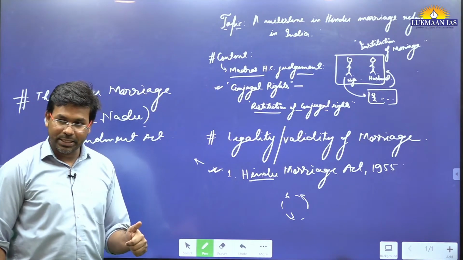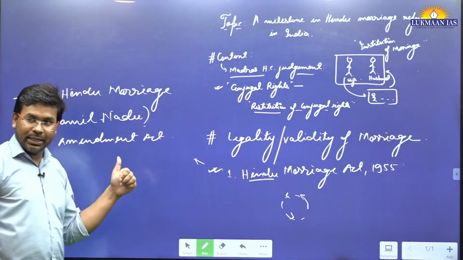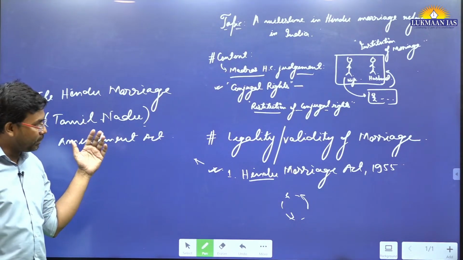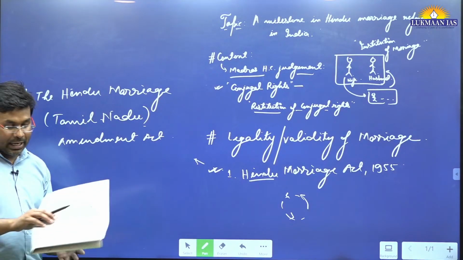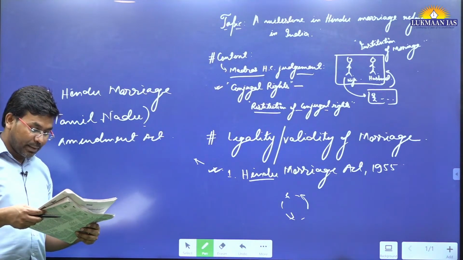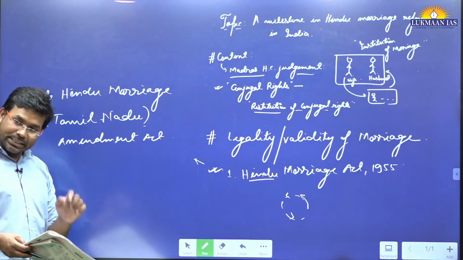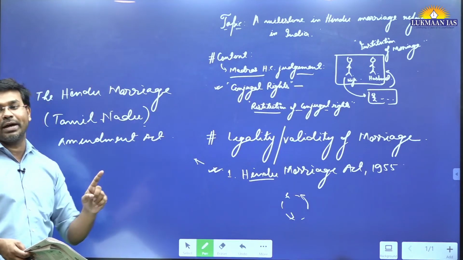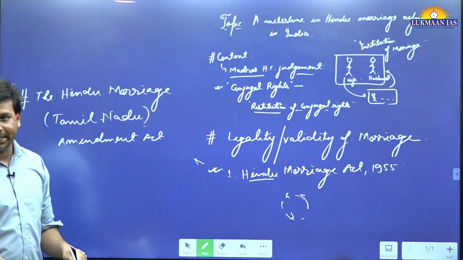There have been multiple amendments like this: in 1955 I think there was an amendment, in 1967 there was an amendment, and most recently, in this article they have mentioned, there was an amendment very recently. However, the same High Court has earlier also nullified a marriage, and again it has nullified the marriage citing the same reasons.